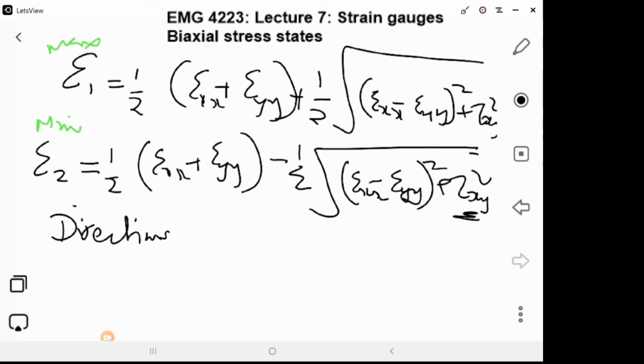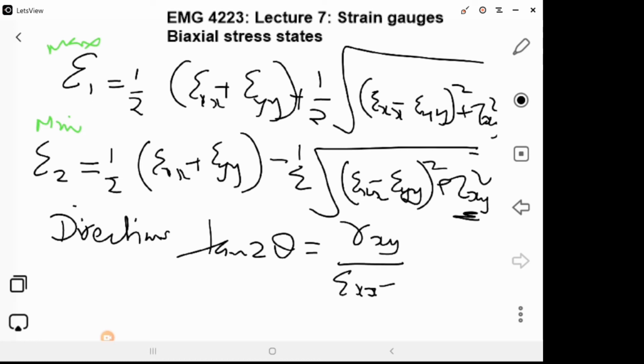And the directions are given as tan 2 theta equals the shear strain over the difference of normal strains. This is taken from the Mohr circle, so you can remind yourself from Mohr's circle.